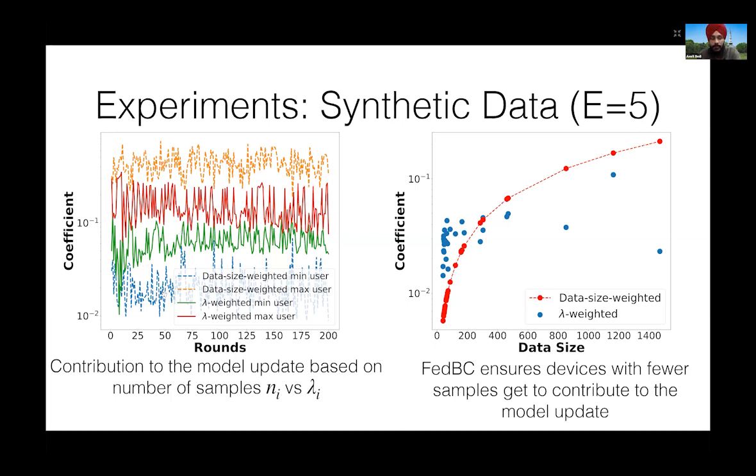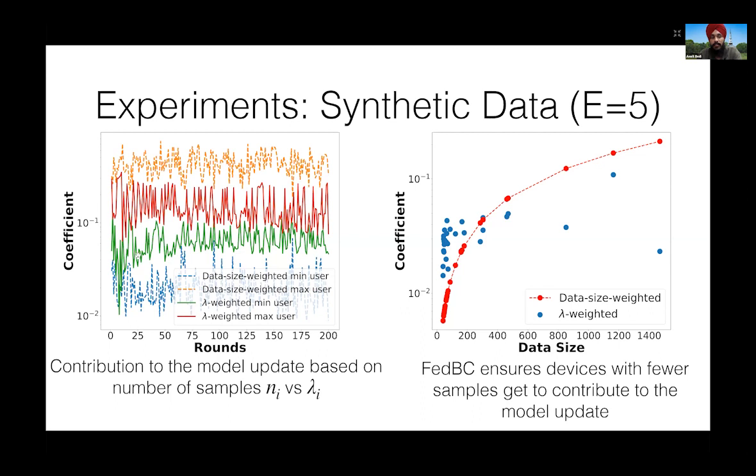In this left hand side figure, the blue dot and orange dot are the min device and max device weights for the data size dependent averaging, while the solid green and solid red are the corresponding min and max user weights for the proposed technique.